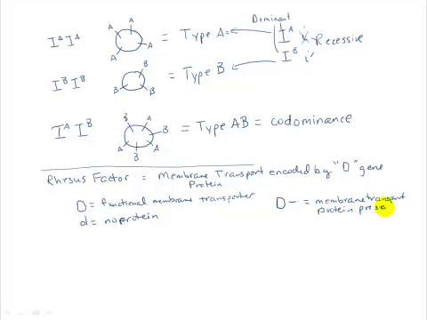And we refer to that as being positive. Yes, you have the membrane transport protein present. So either the genotype homozygous for this functional allele, or heterozygous will give you that membrane transport protein in your red blood cells. If you have only this version of the gene, this lowercase d allele, then that means that you have no transport protein present in your cells, and we refer to that as being negative, right?